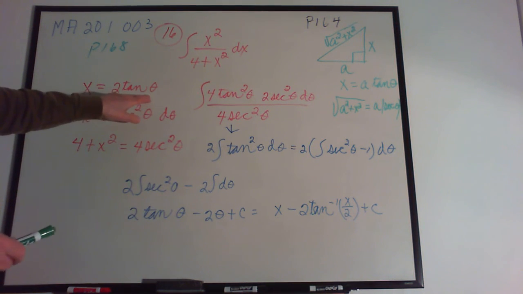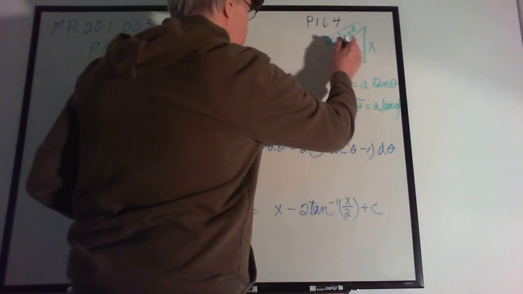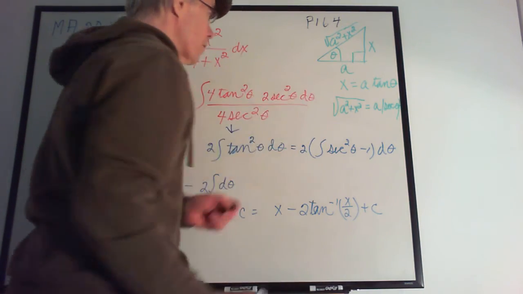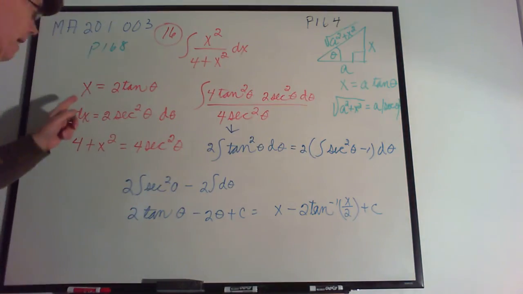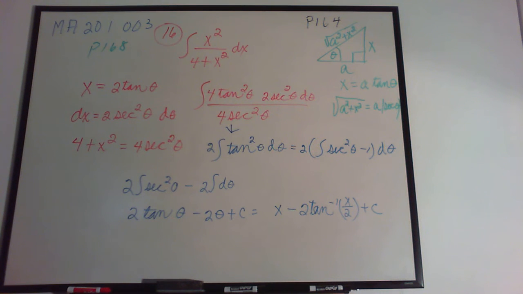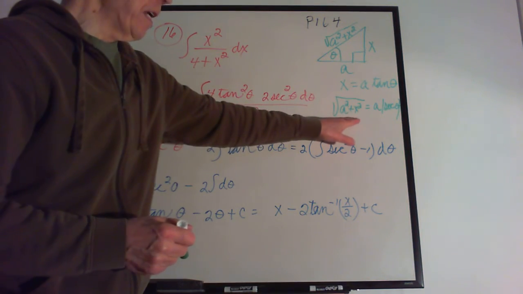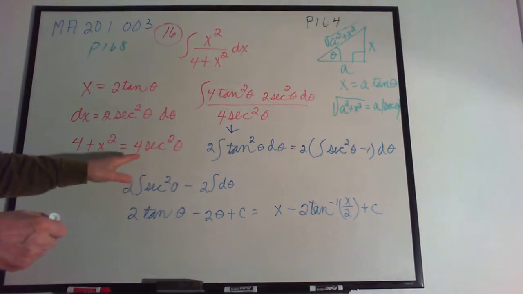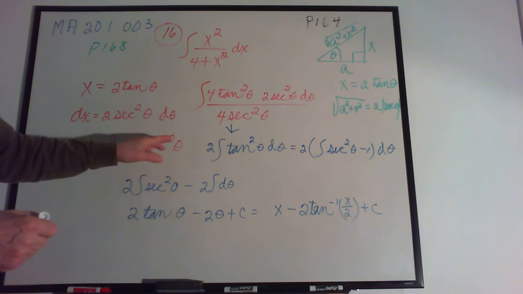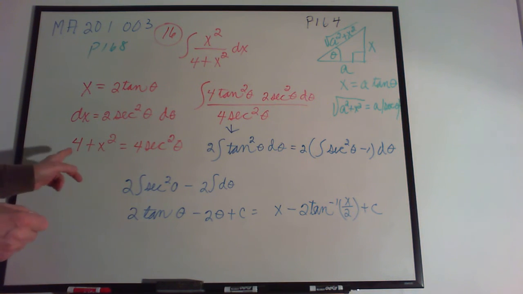The tangent of theta, theta is here, is going to be equal to x over a, so x is equal to 2 tangent of theta. All right, take the derivative of that. Now the 4 plus x squared, if you square this, you end up getting 4 secant squared theta. A would be 2, so when you square 2, you're going to get 4.